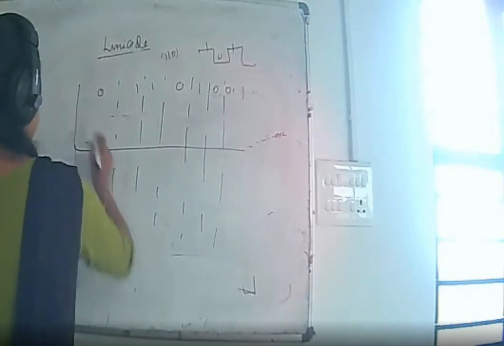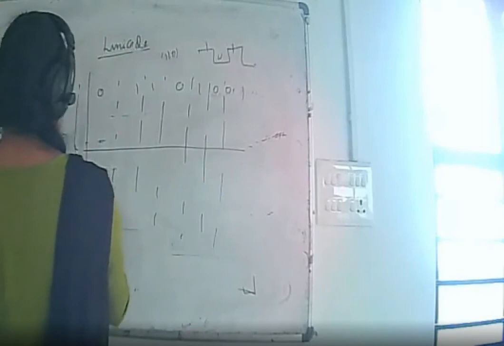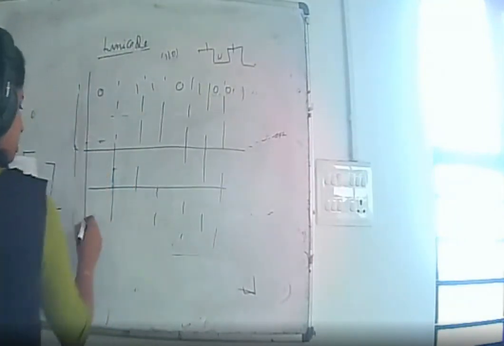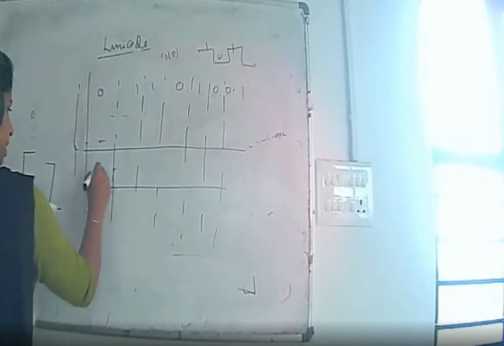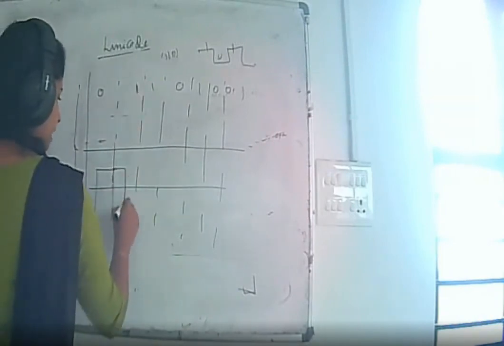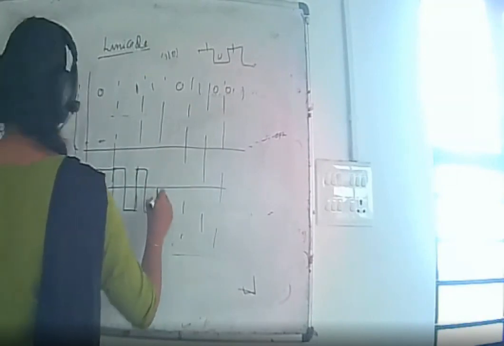So first one is 0, which is represented like this, and the next one is 1, so it will be like this, and the next also is 1, so it will be like this.